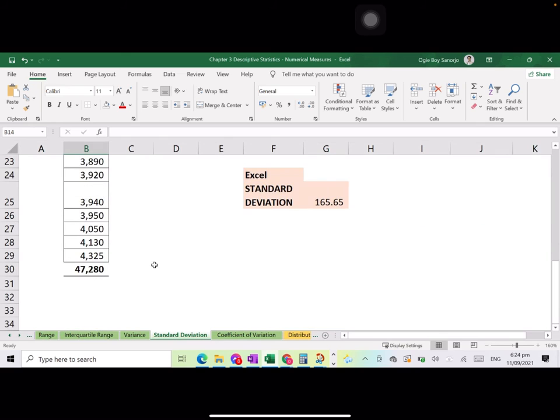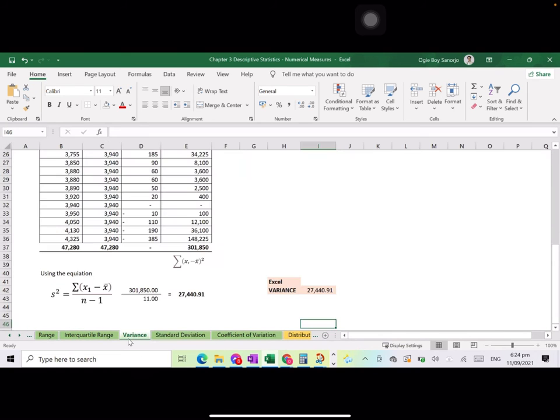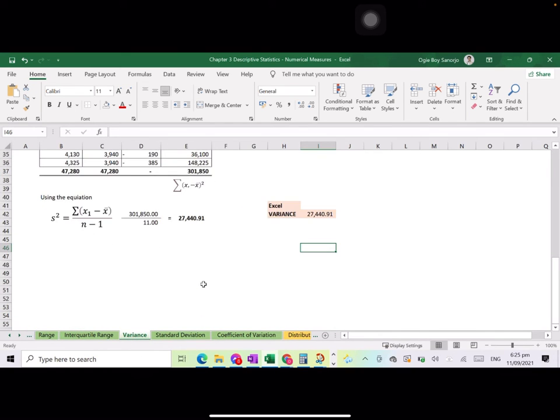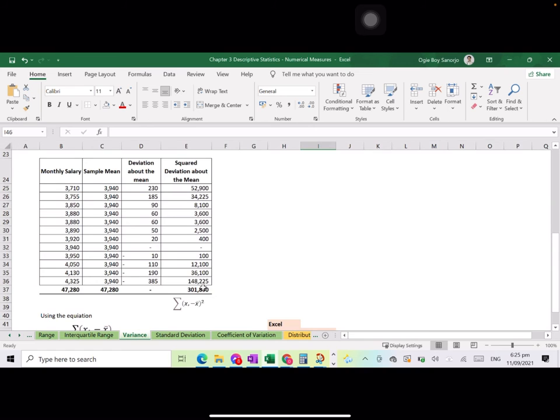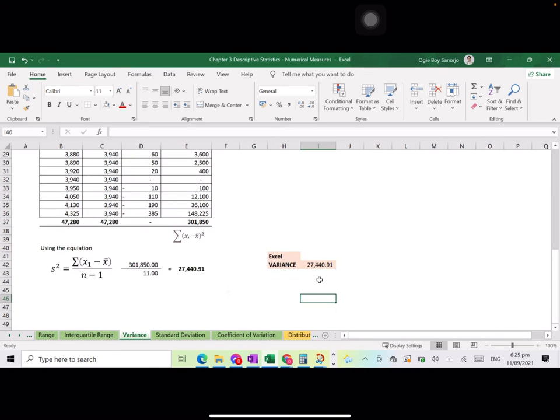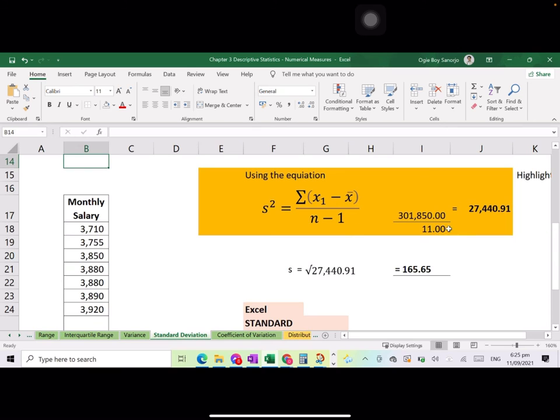So, since we already have the sample variance using our illustration, 27,440.91, kinapi lang naman natin siya, no? So, pag kinuha mo yung square root nun, of course, the standard deviation of our given illustration is 165.65.